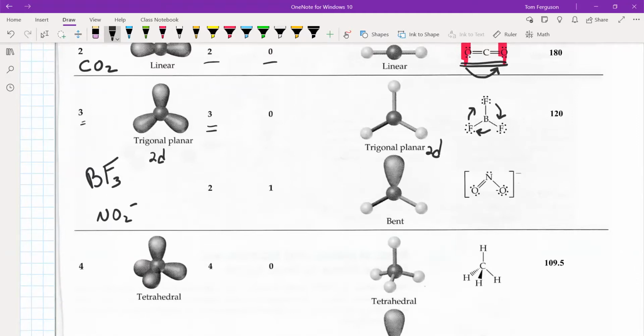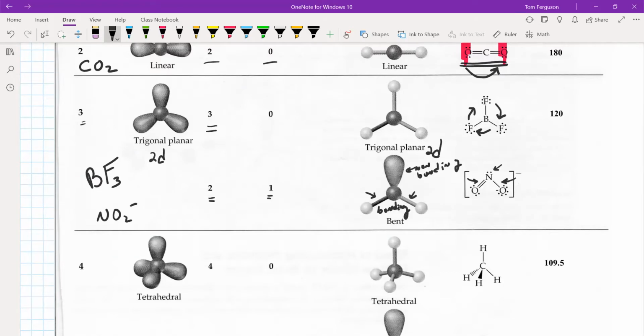In this molecule, nitrite, we have 2 bonding atoms and 1 non-bonding electron group. And that's this right here, non-bonding, bonding, bonding. So this is the non-bonding. These will be bonding.